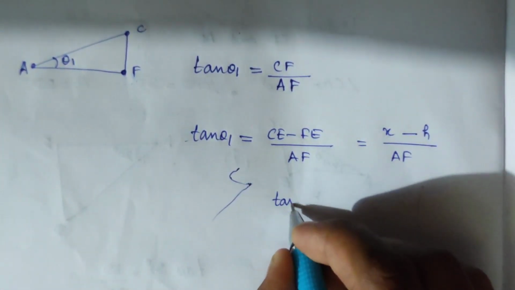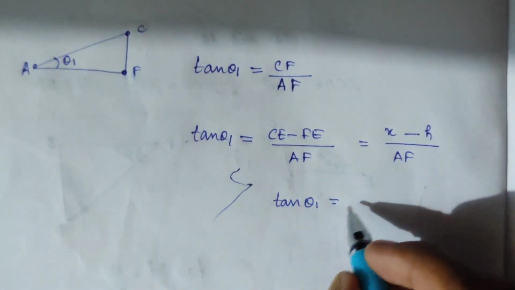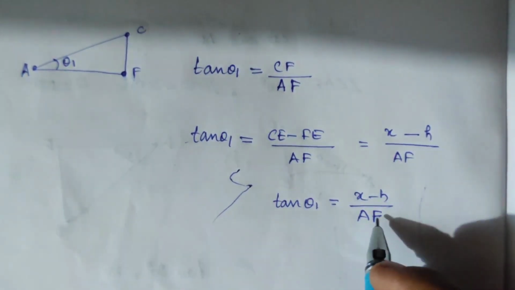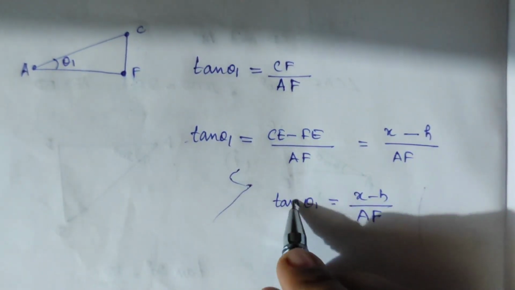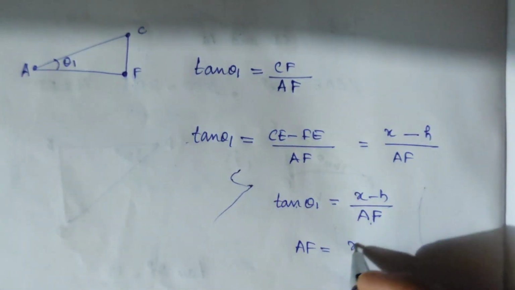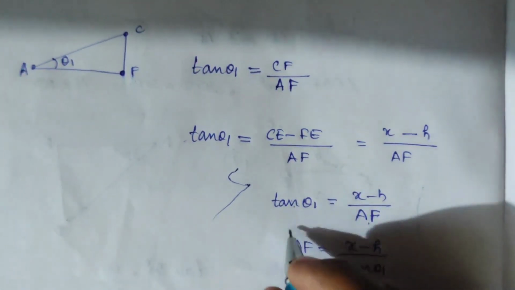Therefore tan theta 1 is equal to x minus h by AF. Take this AF to the other side and bring tan theta 1 here. So AF is equal to x minus h by tan theta 1.